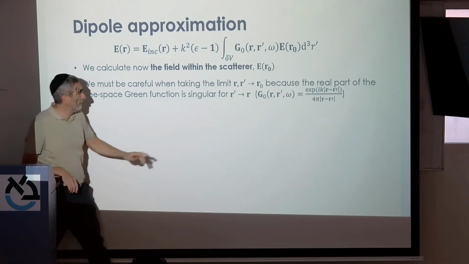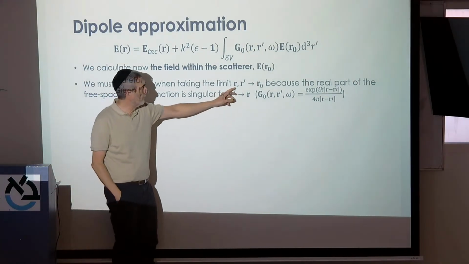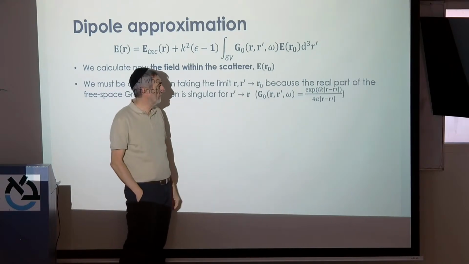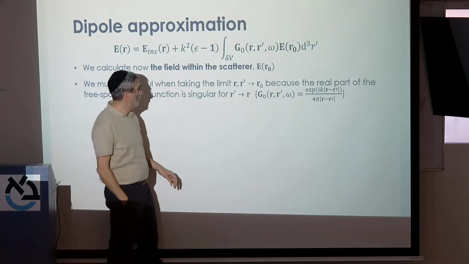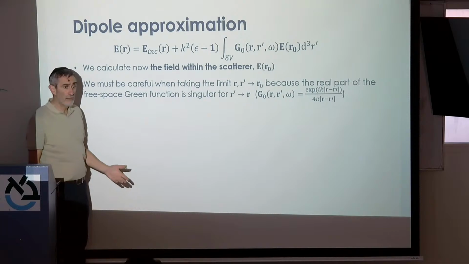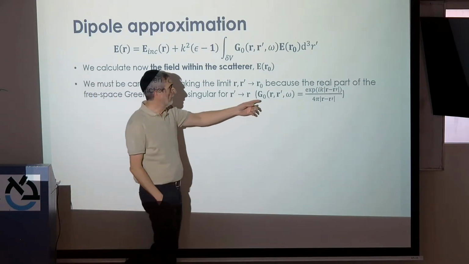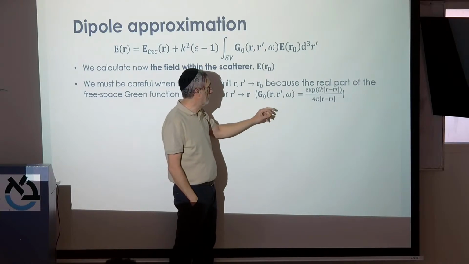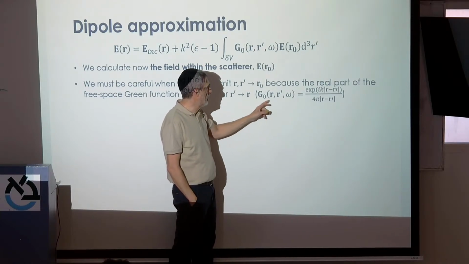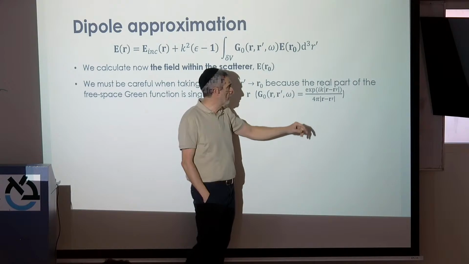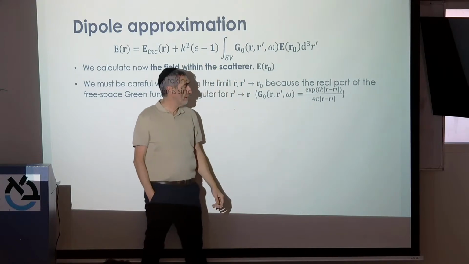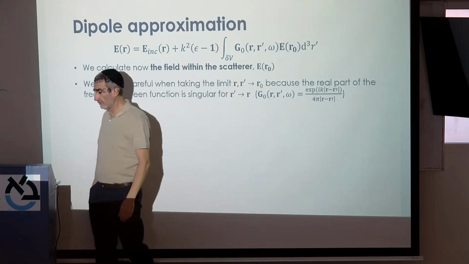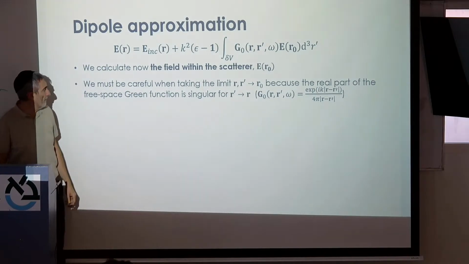If you take the limit R prime going to R0, the center of the scatterer, we have a singularity here, because the Green function in free space is exponential of i k |R minus R prime| over 4 pi |R minus R prime|.